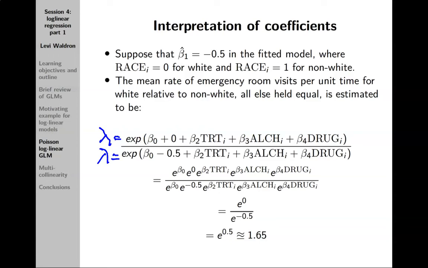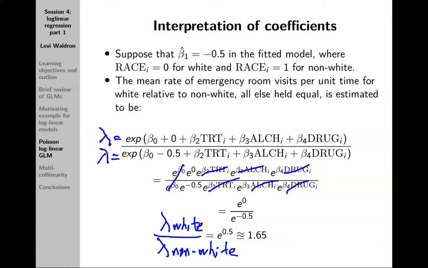Converting the addition in the exponents into multiplication, then everything here cancels out except for this one coefficient, and what it's telling us is that the ratio, so this would be lambda white over lambda non-white, is equal to 1.65 because there's a coefficient of minus 0.5.